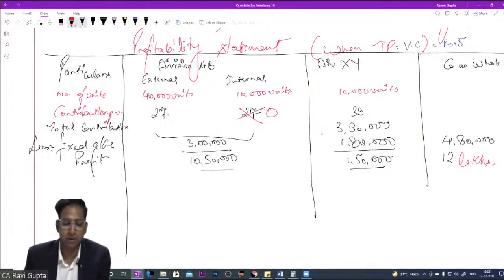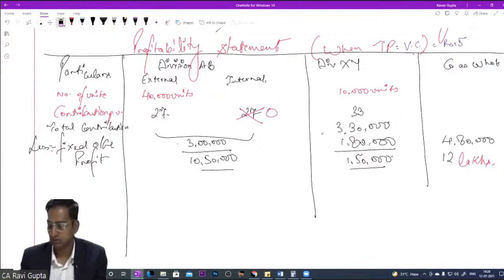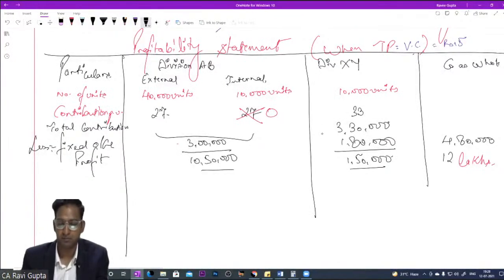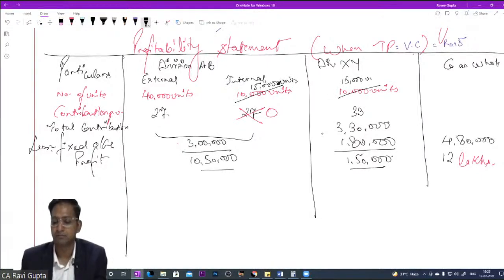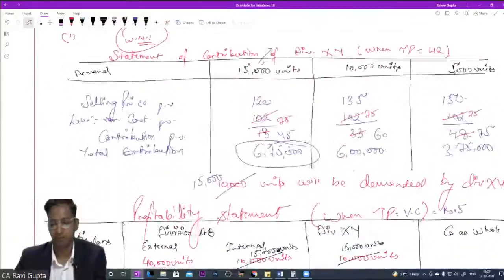The number of units will also change. It will be 15,000 units. This will also be 15,000 units. And the contribution we have now is 45 rupees.